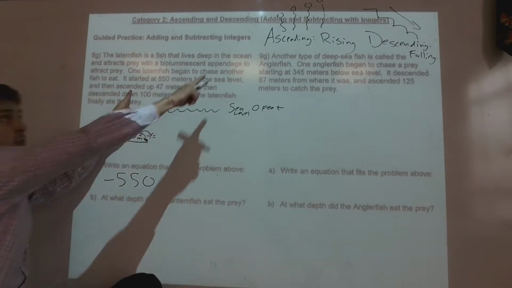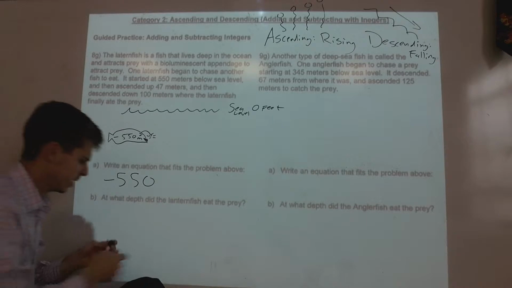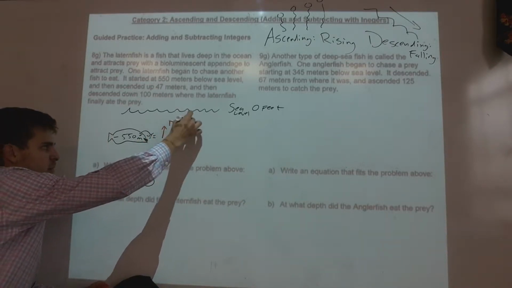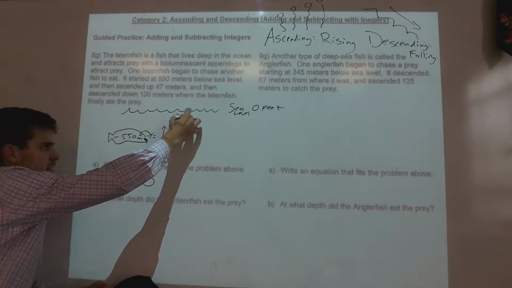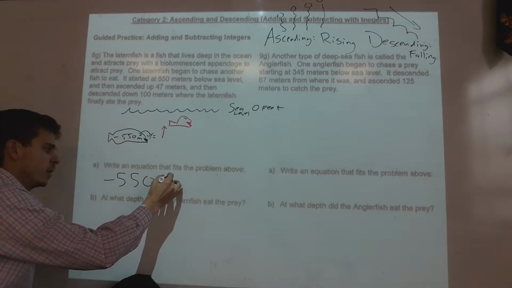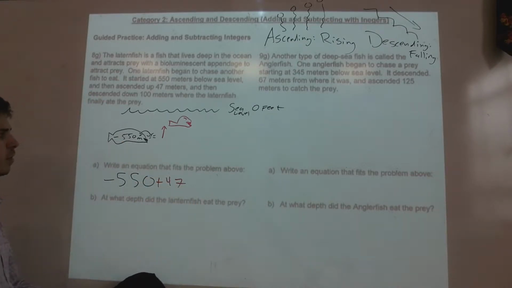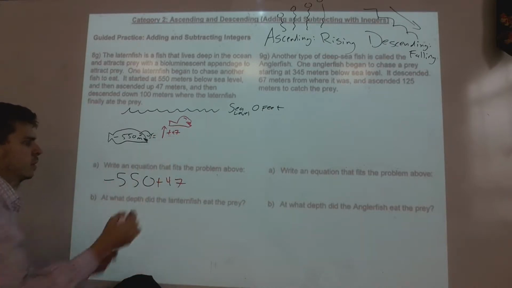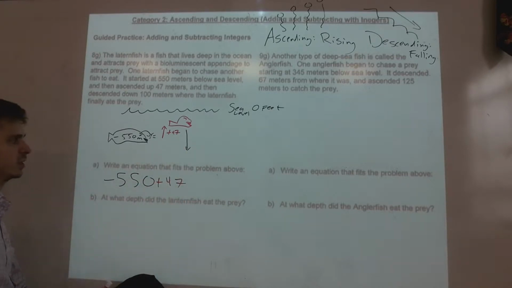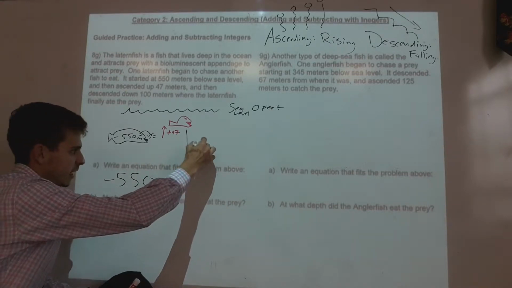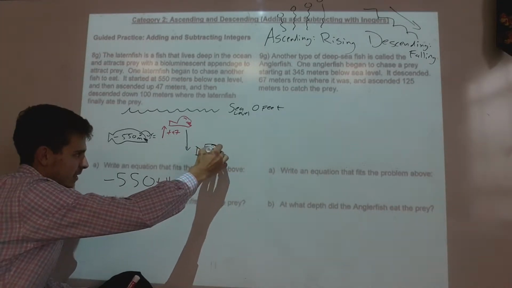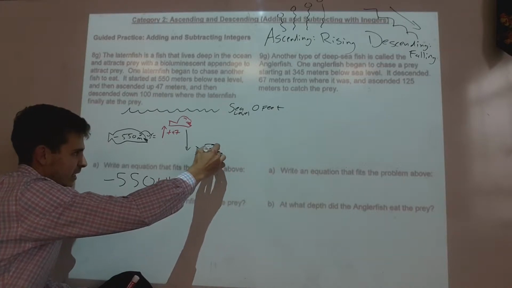Now it ascends, balloons going up. It ascends 47 feet. It goes up 47 feet, and now it's here. Yes, this is the same fish. So it ascends up 47 feet, so we're going to add 47 to where it was. And then finally it plunges down 100 feet where it finally eats the fish, and he's happy.